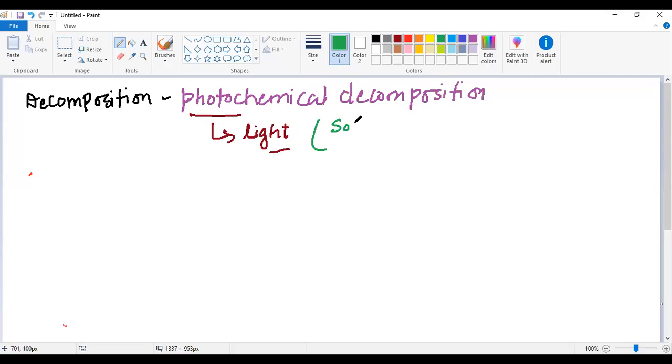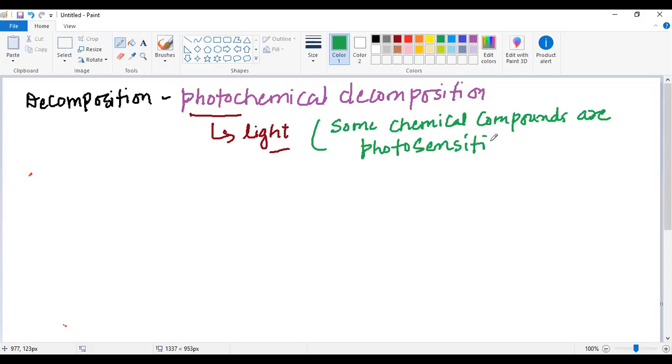Some chemical compounds are photosensitive, my dear students. Photosensitive. Now, what is the meaning of photosensitive? Let us understand the meaning of photosensitive.